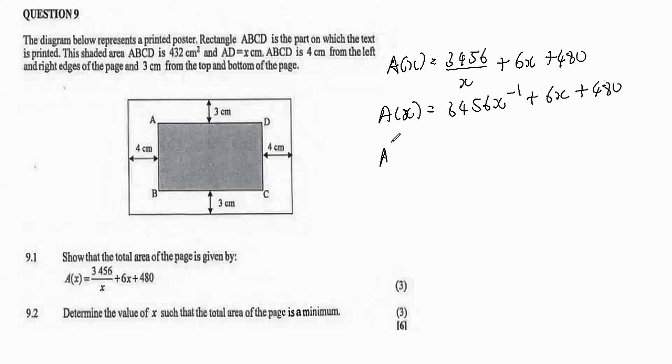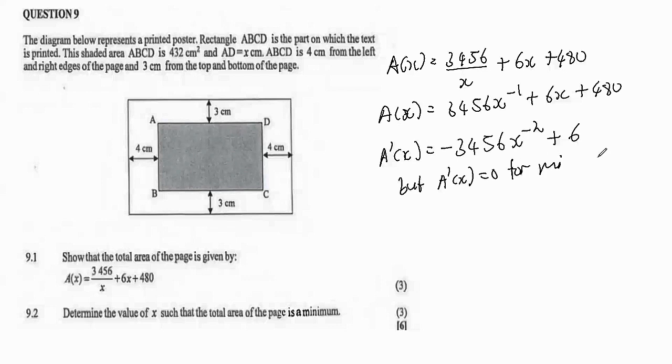You say A prime x is equal to, when you derive here, this multiplies that, it's negative 3456 x to the exponent of negative 2 when you subtract 1, and then plus 6.